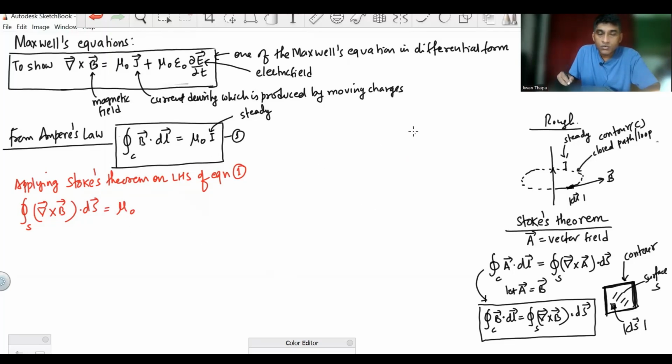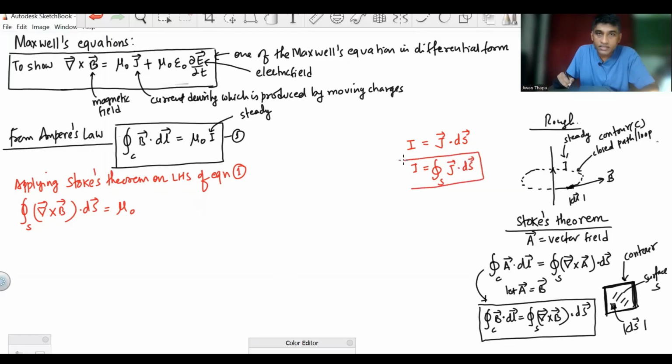Now, we know current I equals J dot area vector dS. And in integral form, we can write I equals this.